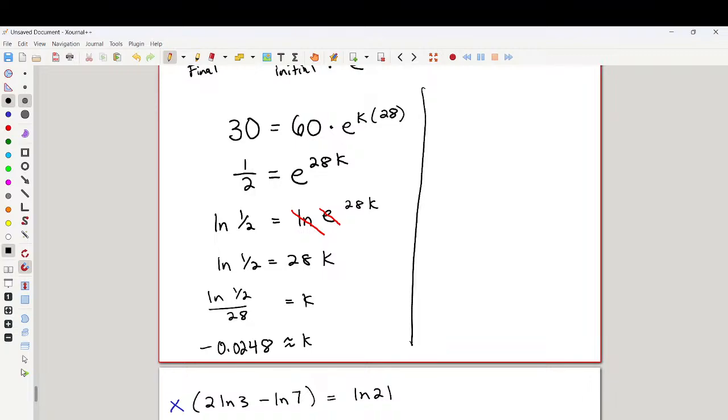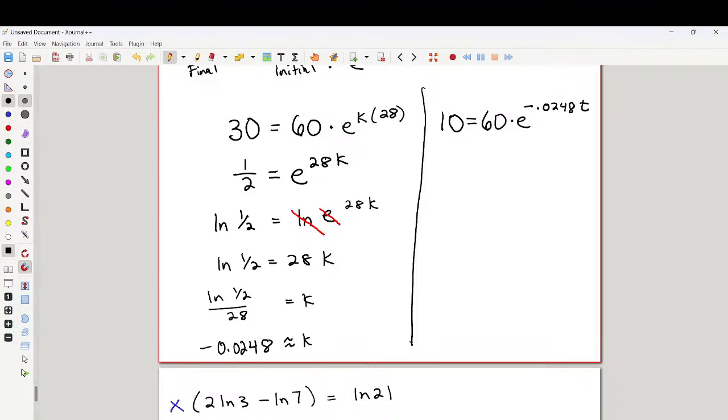Now we go back and answer the big question. How long will 60 become 10? We want to output 10 starting at 60, and we use our answer for k, negative 0.0248, times t.